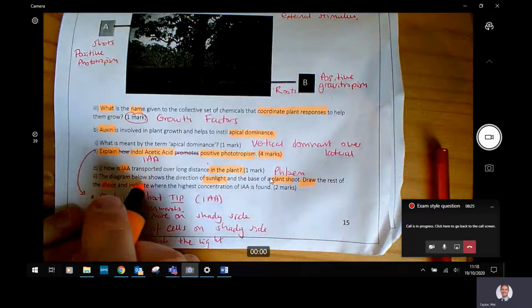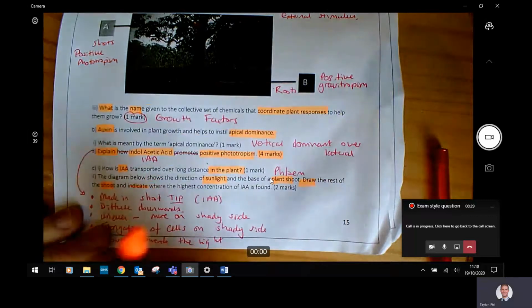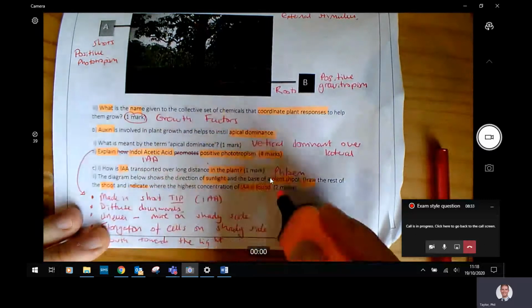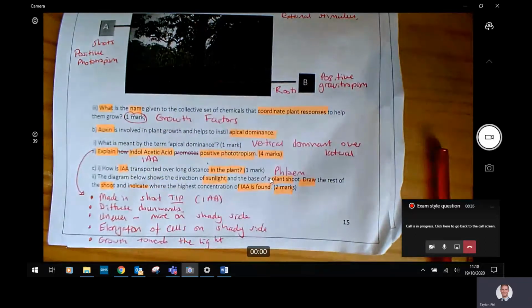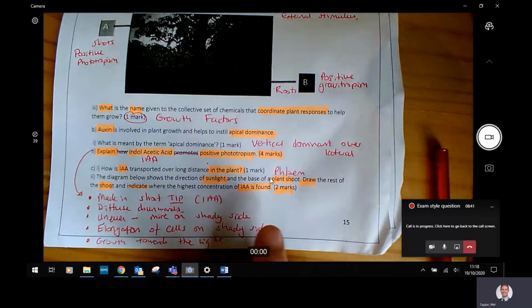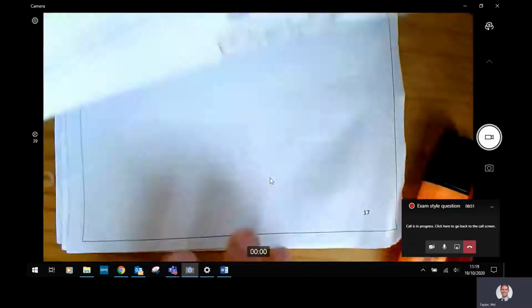That's 2 marks. So it's just to draw an indication. Before I even look at it, I know I'm going to have to draw the tip of the shoot. We're going to be drawing some sort of bending, I should imagine, and then showing where the most of it is. Let me show you.